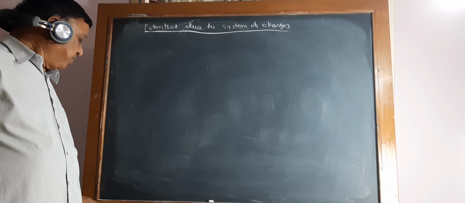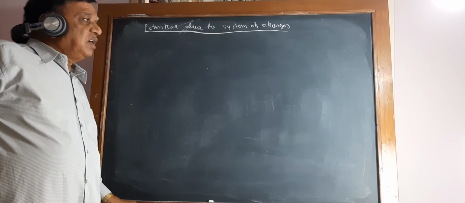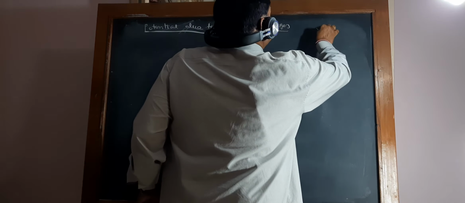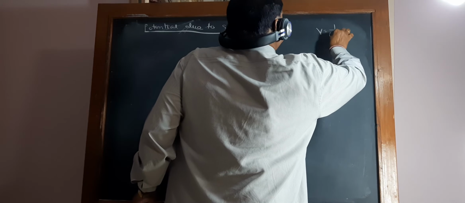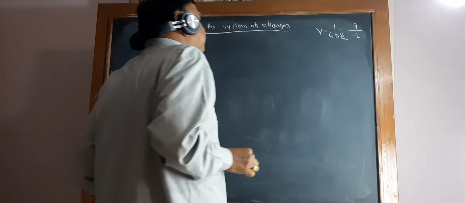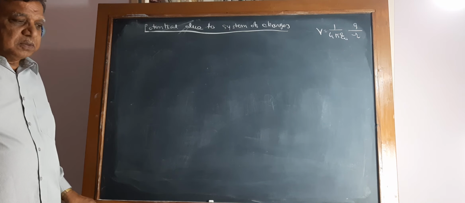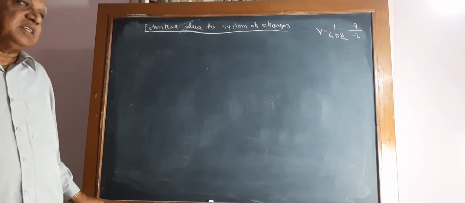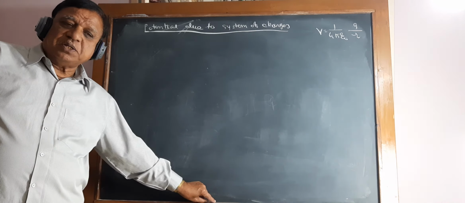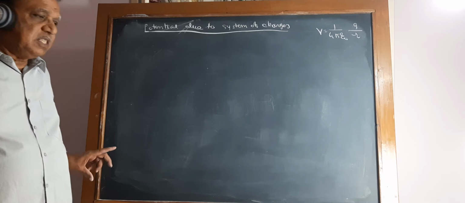Now see, as we have discussed in the previous topic, if single charge, then potential is given by V equal to 1 upon 4 pi epsilon 0 Q by R. If two or more charges are there in the system, then the net potential can be obtained using the principle of superposition.